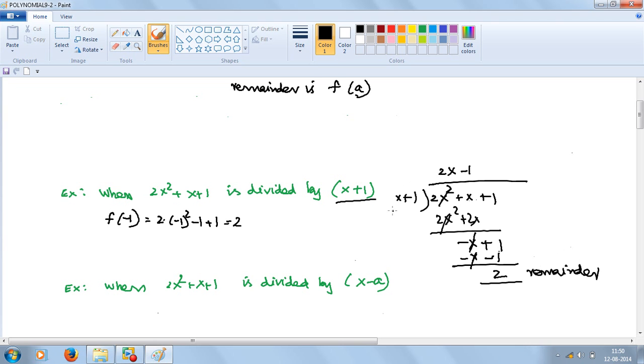So this is the divisor. This is the quotient. I will tell you one more thing, we can represent p of x as something like quotient multiplied by x plus 1 plus remainder. So we will represent it as a remainder of x like this.